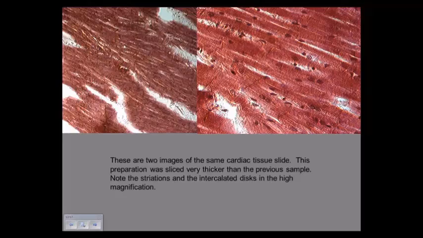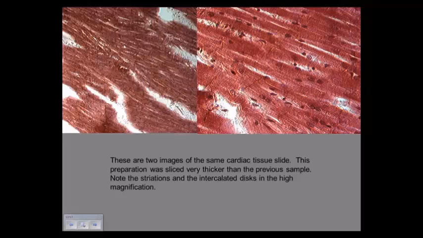So if you look at this under low power, you really can't tell what you're looking at. You see it under high power. Now keep this in mind. The striations and intercalated discs are really, really small. So you have to have your microscope tweaked really well because you can go just out of the plane of focus in either way, and the intercalated discs and the striations disappear.